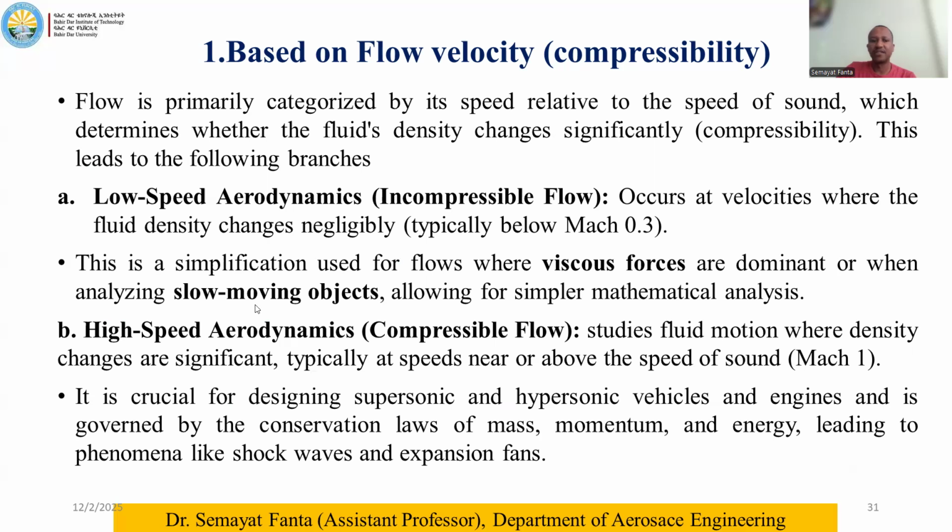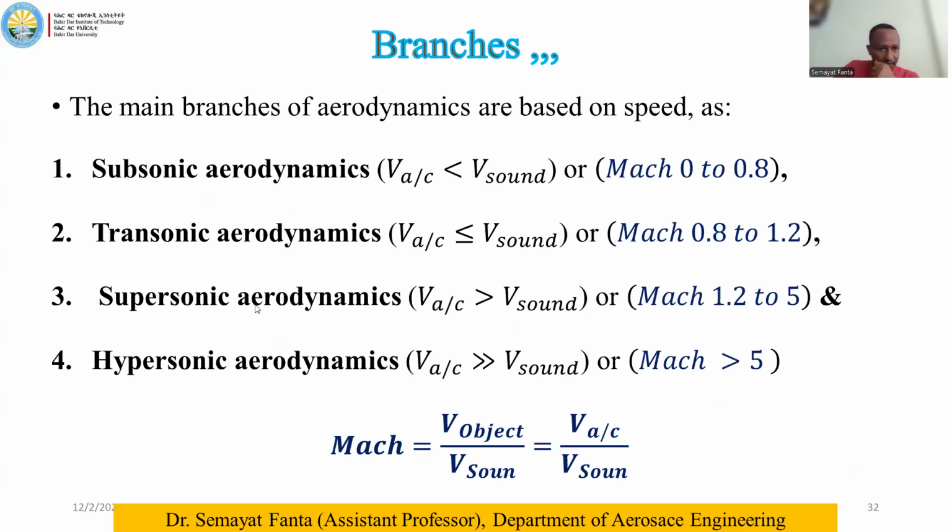Actually, low speed aerodynamics is also governed by these three principles. However, more generally, for high speed, we consider all the terms. Even the density becomes variable here. That rho V A is not constant now; rho may also be variable.